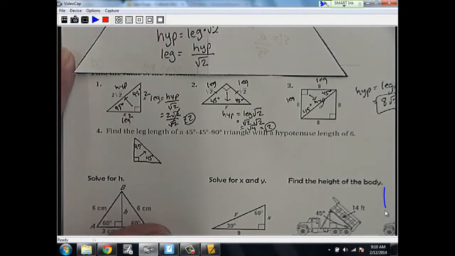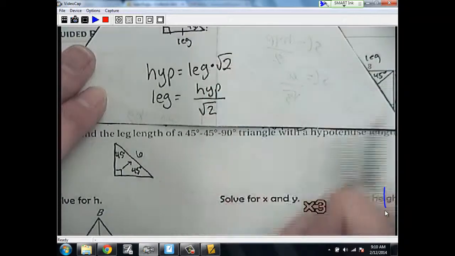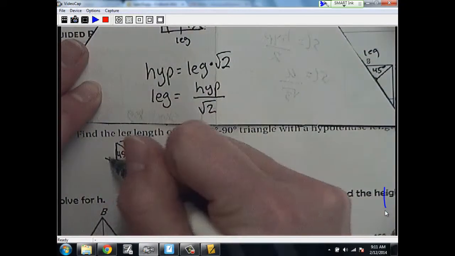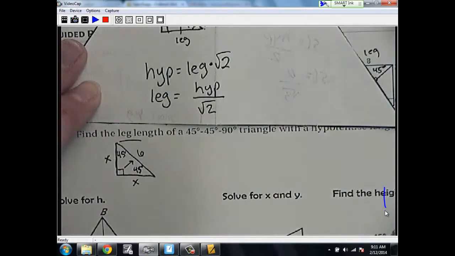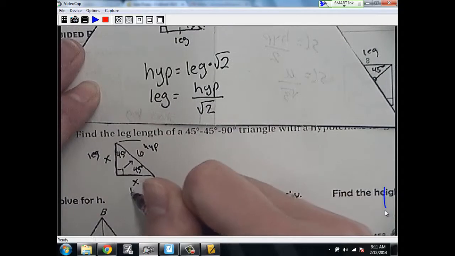My hypotenuse is 6. That's what they told me. And now it says find the leg length. So these are both of my legs, and they're both going to be the same. If we label it, that will help.